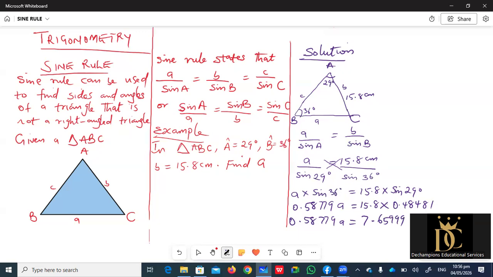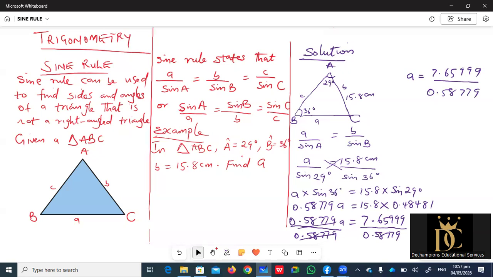So we divide both sides by the coefficient of a, 0.58779. So this cancels this. We now have a equal to 7.65999 divided by 0.58779.